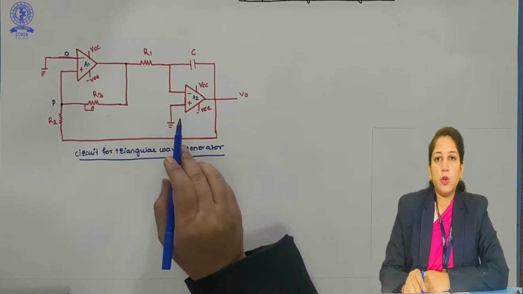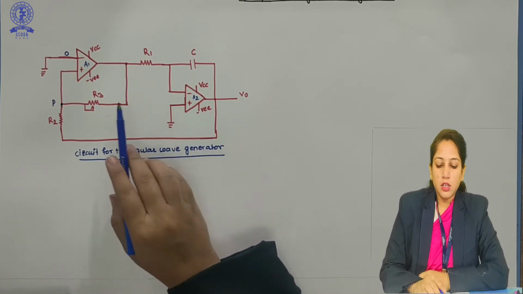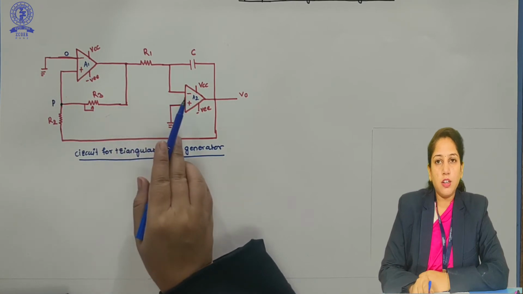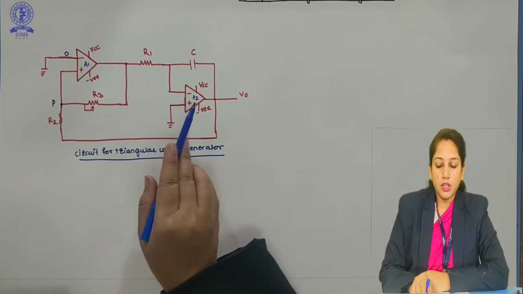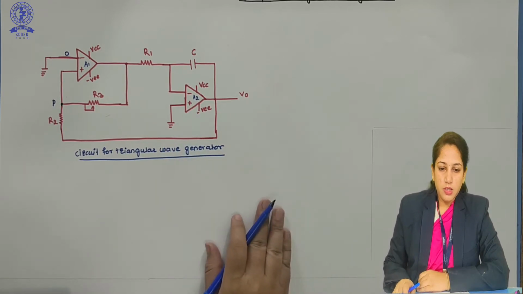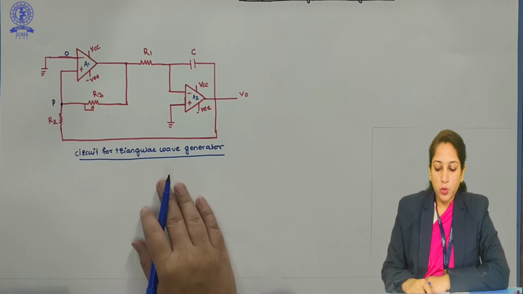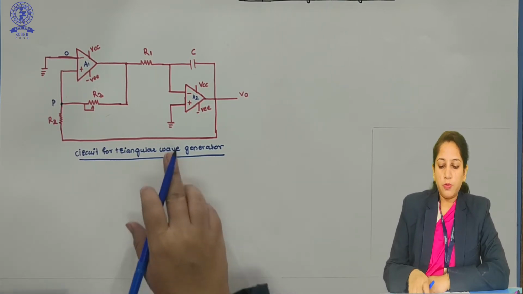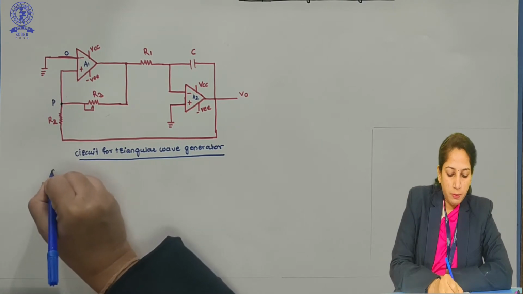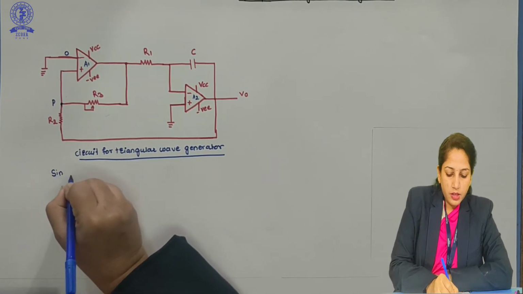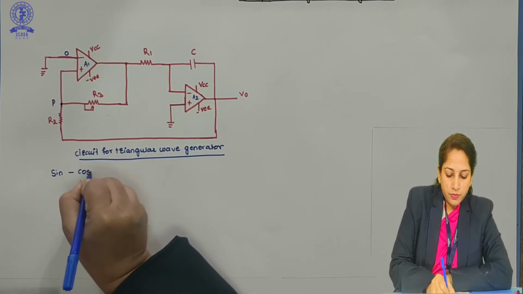So simply, a triangular wave generator is nothing but a comparator circuit connected to an integrator circuit. Now we will see one by one how we get the output as a triangular wave. Now we know that if I apply a sine wave to the integrator circuit, we will get a cosine wave.